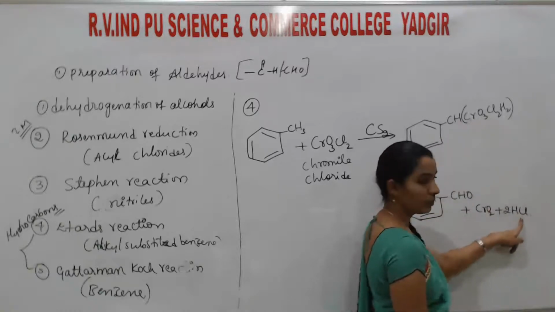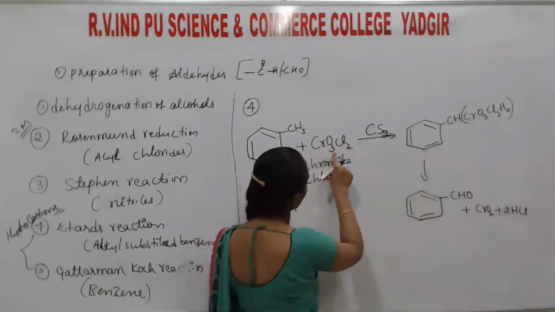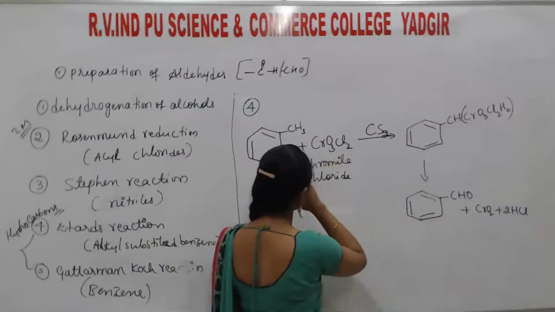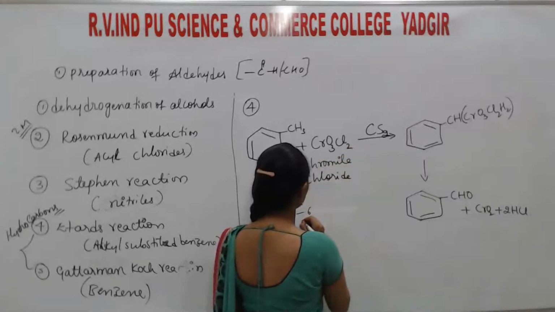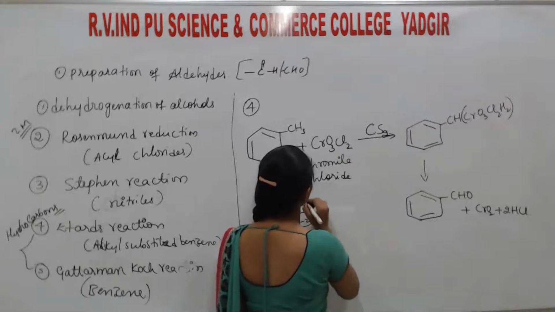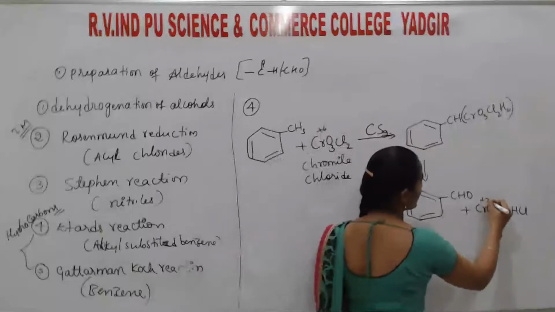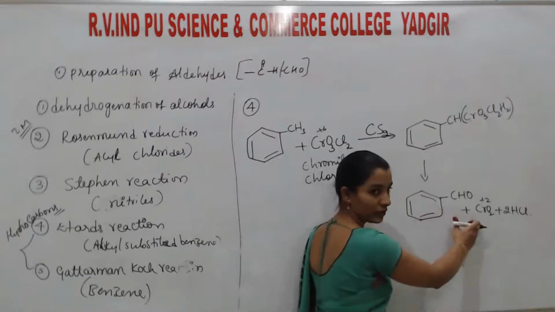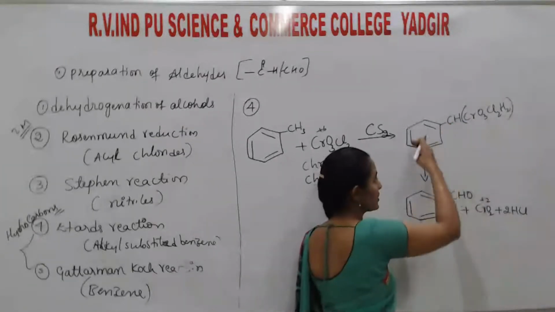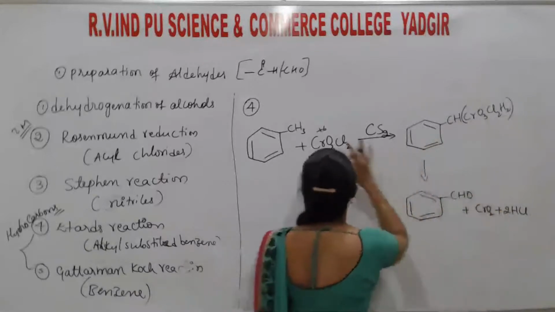CHO, Cr plus 2H. Of course, here chromium is in +6 oxidation state and here it is in +2 oxidation state. Understood? So here gain of electron, reduction, takes place. That's why it oxidizes this benzene. Understood? So remember what happens here.